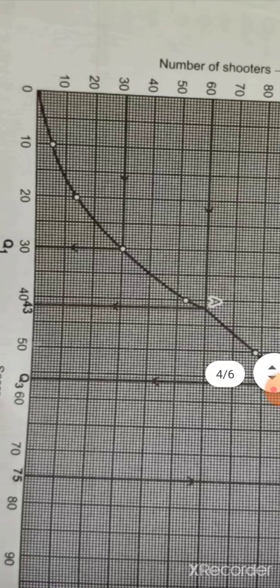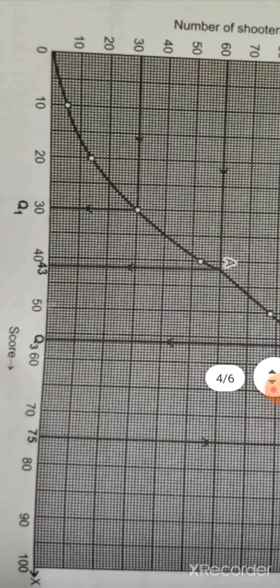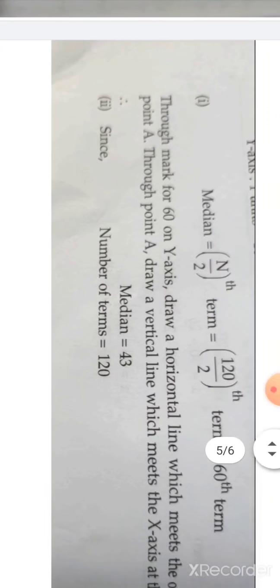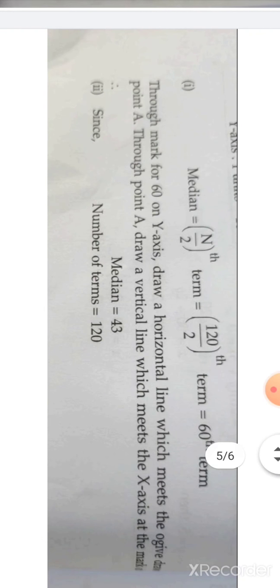Mark 60, then draw a horizontal line from 60 which meets the ogive at point A, already marked here. Then draw a vertical line, which you can see on the x-axis as 43, which is your median answer. So here our median is 43.